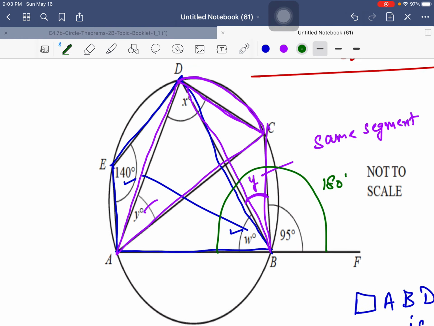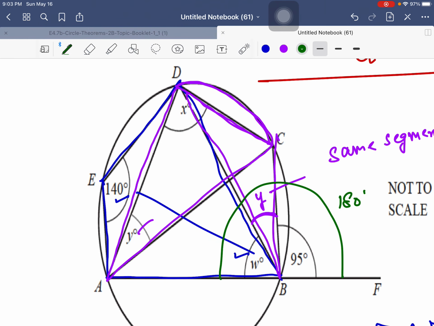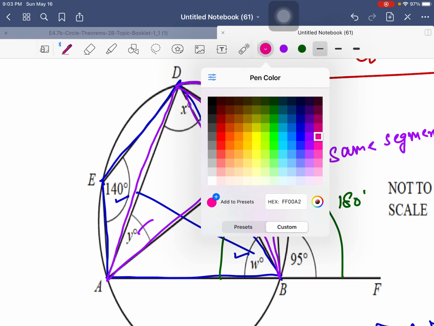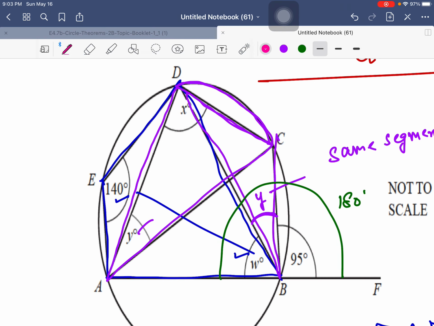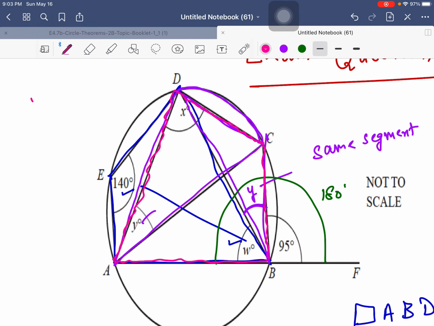Now the third angle left out is x. We can find x again by the cyclic quadrilateral theorem. Let's change the color here. Again, applying the cyclic quadrilateral theorem in quadrilateral A, B, C, D. This is another cyclic quadrilateral. With 4 vertices on the circle, opposite angles must be supplementary.